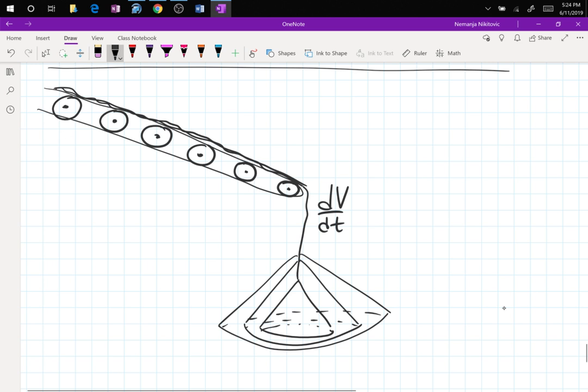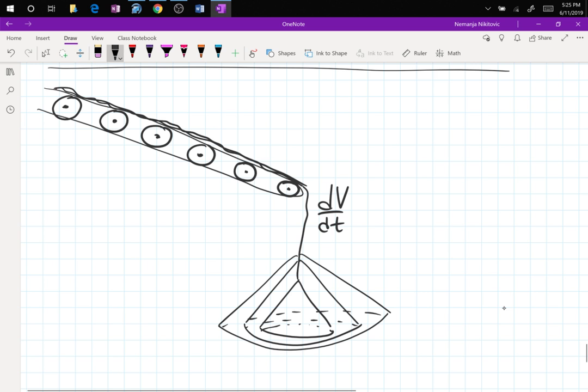If you send less stuff, it's going to go slower. If you don't send anything, it's not going to grow at all because there's no new stuff coming in. So whatever is getting off of the conveyor belt and is falling down onto the pile is your dV/dt, because it's changing the volume in time. And you can adjust that by whatever means you have on the other end of the conveyor belt.